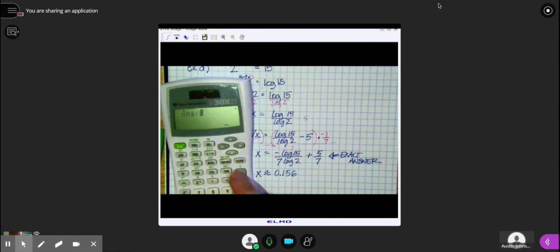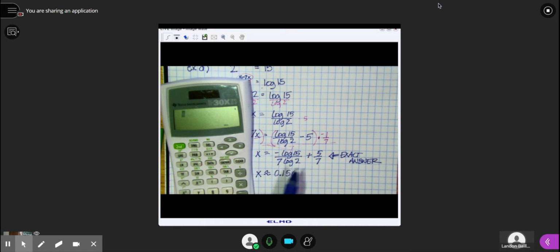And then divide it by a -7. Sure, just the calculation?